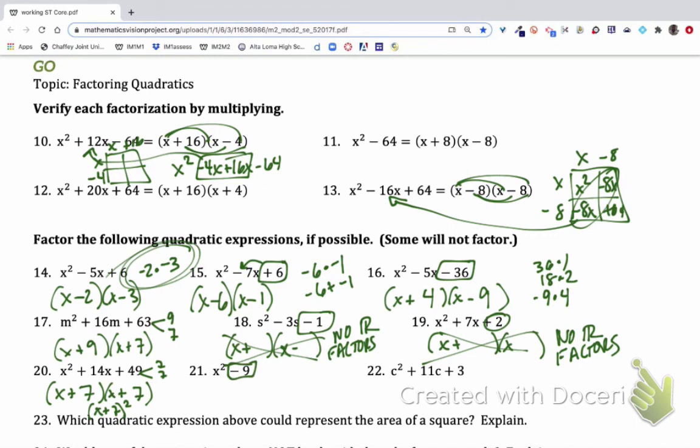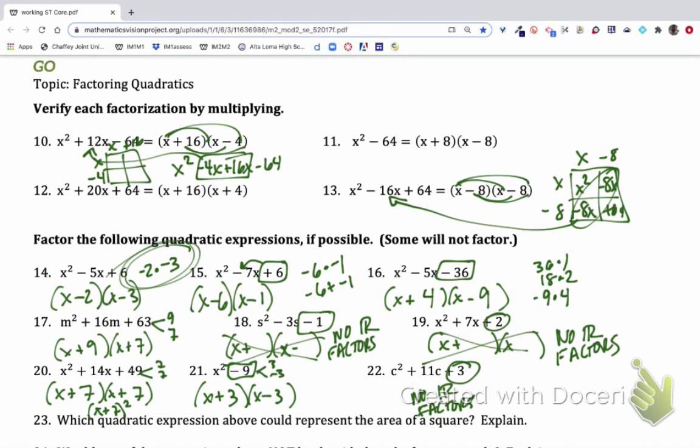So I've got to think of two numbers that multiply to get negative 9. Well, we know that has to be a positive and a negative, but add together to get 0. That's fine. Positive 3, negative 3. And 22, nothing I can multiply to get me 3 is going to add to get me 11 in the real numbers. So there are no real factors.